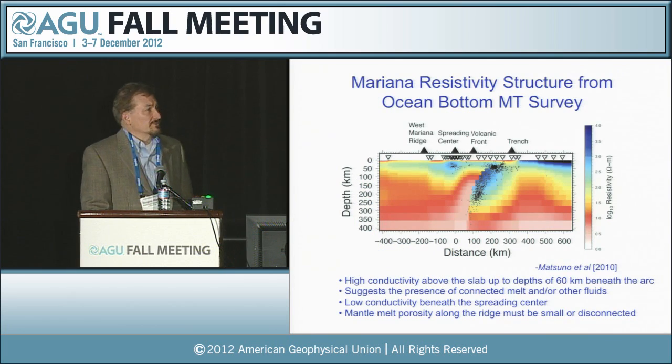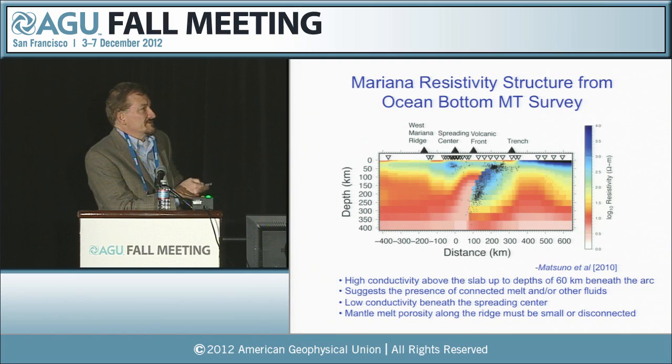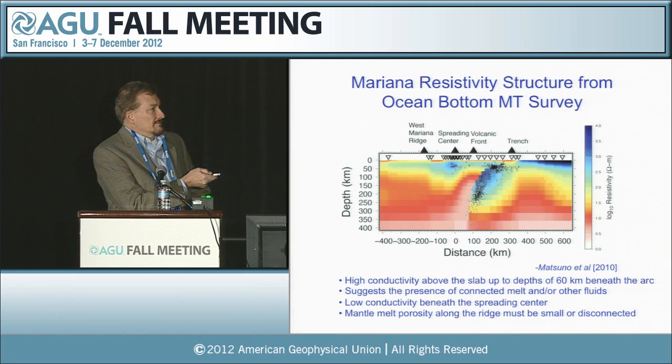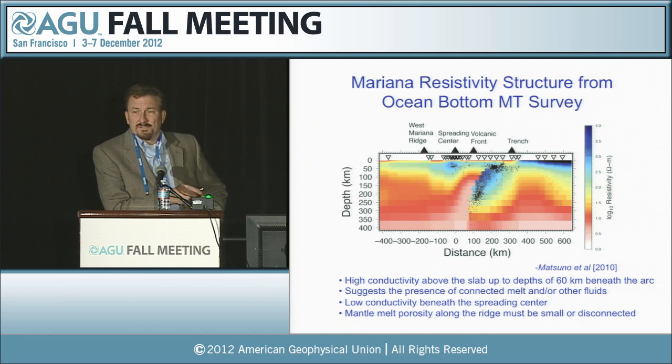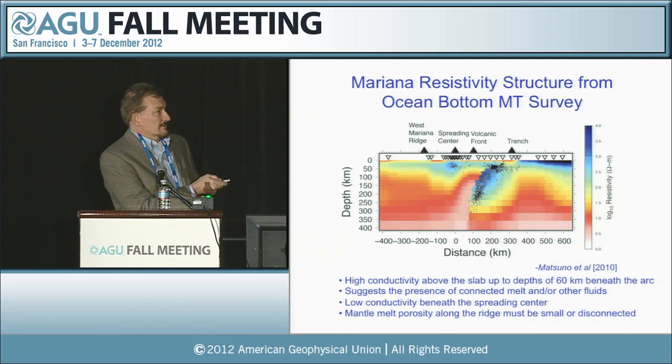And I just wanted to also, while we're talking about the Mariana, mention that there has also been a really nice MT study that was done as a joint Japanese-U.S. project. And this is the image that they got from the MT study of the Mariana Arc.